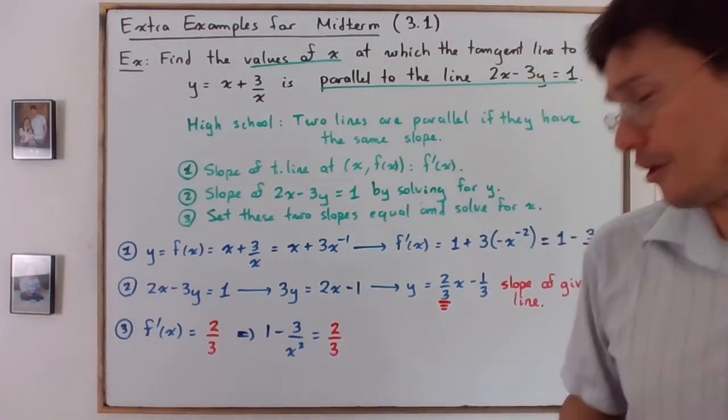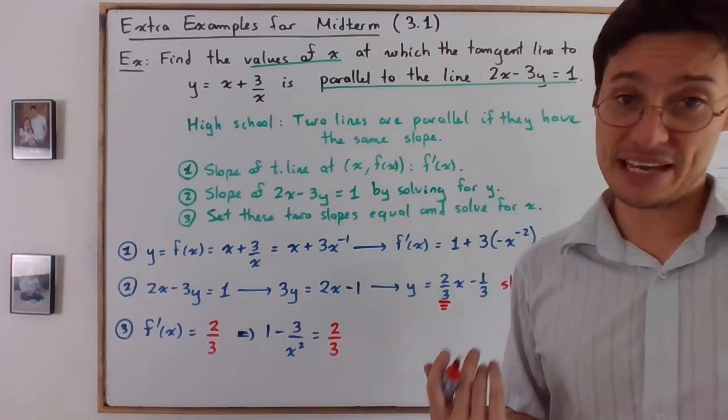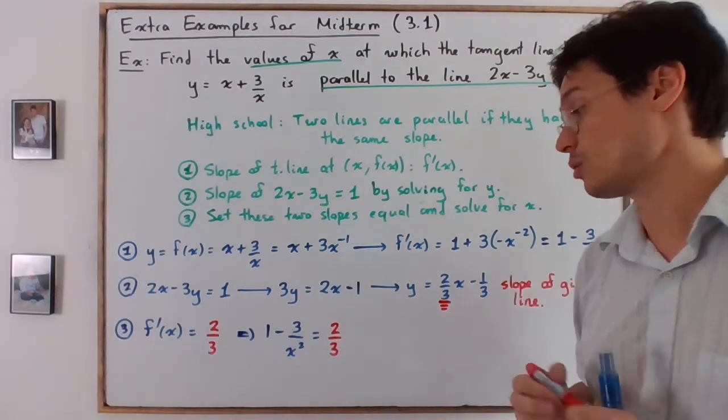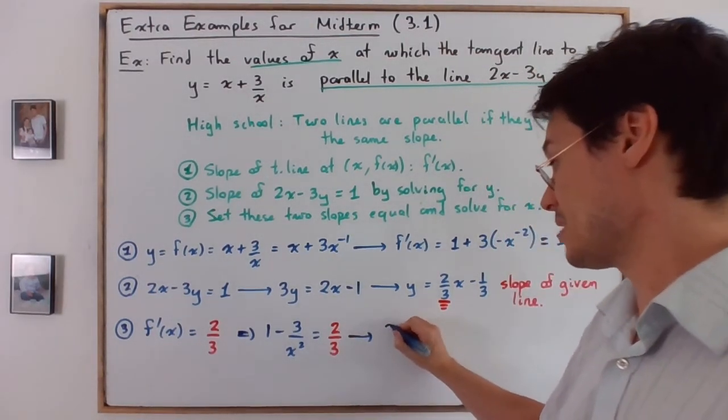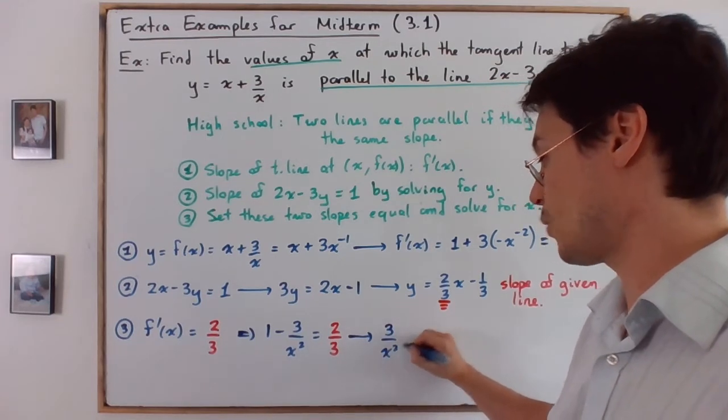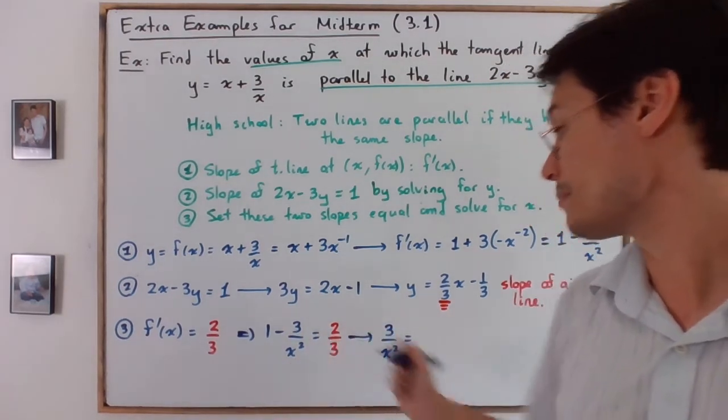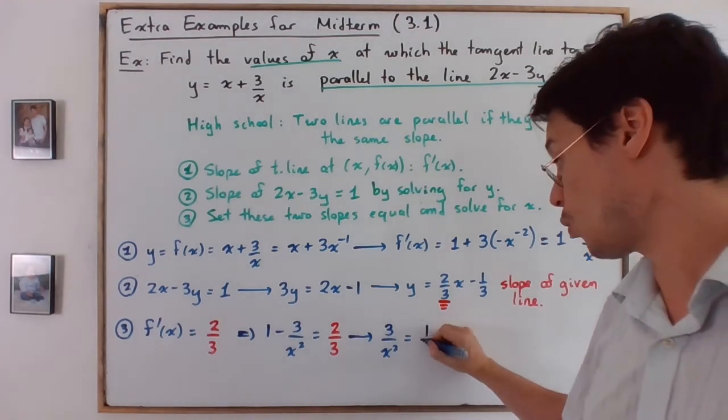From there, you solve this like you would solve it in high school. The next step is to have 2/3 equal to 3 over x squared, which is equal to 1 minus 2/3, so it's going to be 1/3.